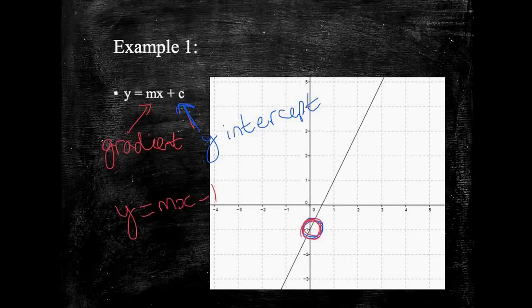We can see a few occasions here that the line crosses some coordinates. We can see it crosses at -1, -3. It also crosses, where I circled before, at 0, -1. It crosses at a coordinate 1, 1.